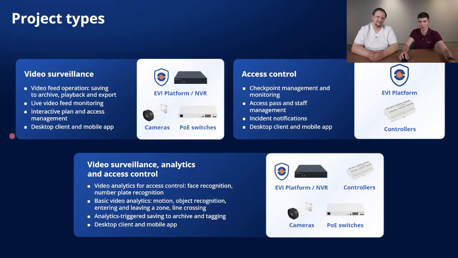So the first type would be pure video surveillance. So no access control is required, no video analytics, just recording the feeds from the camera, maybe sometimes with a little bit of motion detection, just to save space on the hard drive. In this case, for smaller projects, the NVR would be the way to go, or the EVI platform for projects probably when you have more than 50 or 100 cameras.